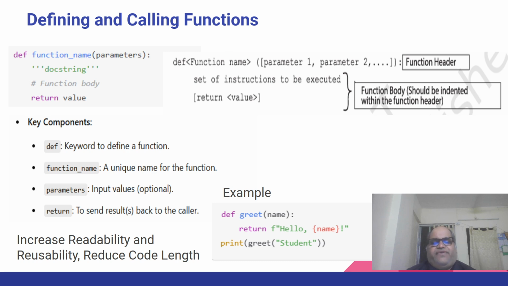And to call it, you can either explicitly assign to that name, or you can just pass the value. So here we are simply passing the value student, that will be assigned to name, and once the function body is executed, we return hello student. So the key components are function name, parameters, return, and the keyword def to define the function.